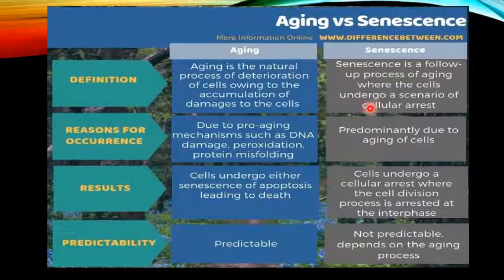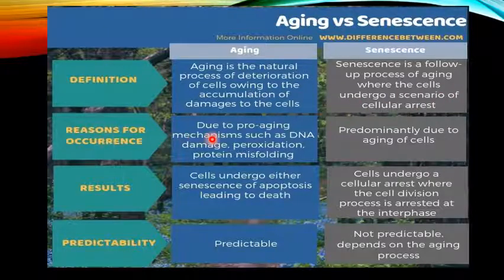Let's see the difference between aging and senescence. Coming to the definition, aging is a natural process. As a result, there will be deterioration and damage of the cells. But senescence is a follow-up of aging. As a result, there will be a stopping of cell division, and the cells enter into cell arrest.